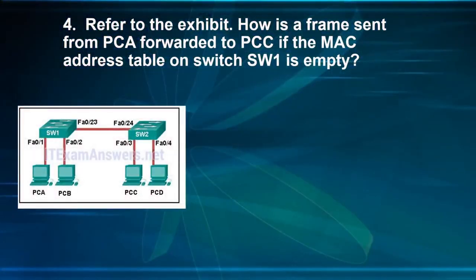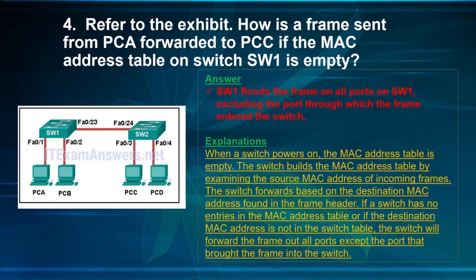For the fourth question, refer to the exhibit. How is a frame sent from PCA forwarded to PCC if the MAC address table on switch SW1 is empty? The answer is SW1 floods the frame on all ports on SW1, including the port through which the frame entered the switch. For the explanation, when a switch is powered on, the MAC address table is empty.